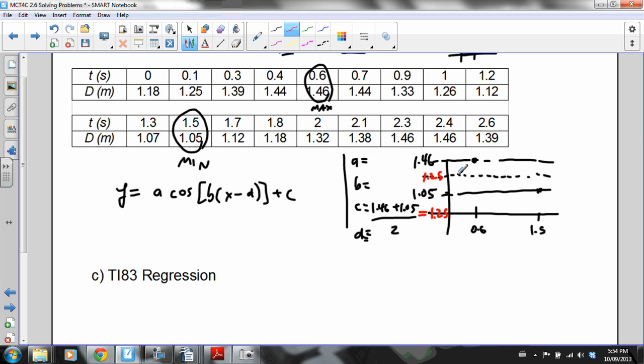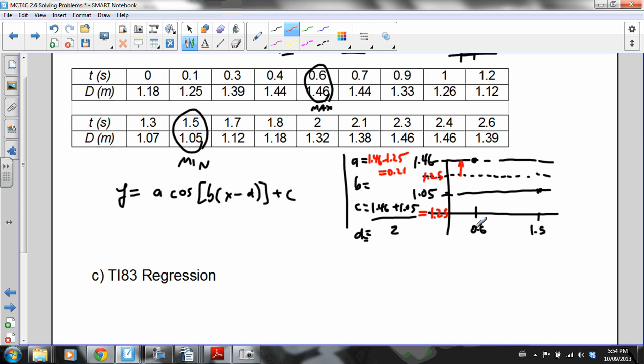And then what's the amplitude? The amplitude is that distance there, 1.46 subtract 1.25 is about 0.21. Now we had it as 18 centimeters or something like that, but 21 centimeters is pretty close.